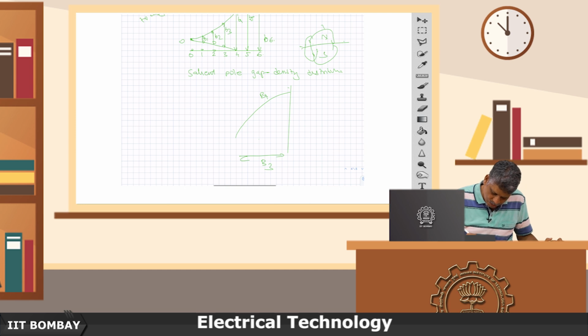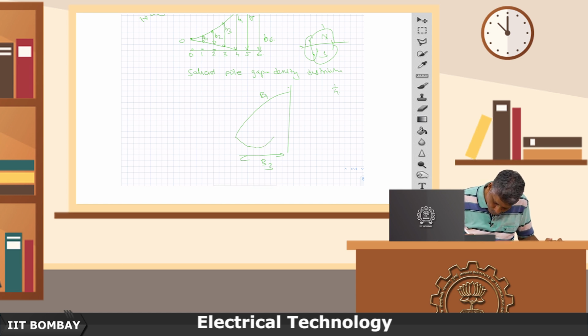So, this is quarter, so 1/4 of it. So, the B3 should be only this, and this with a 3 times multiplication factor. So, this will turn out to be B3.